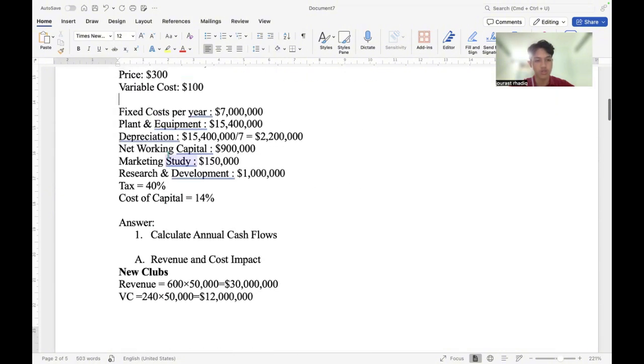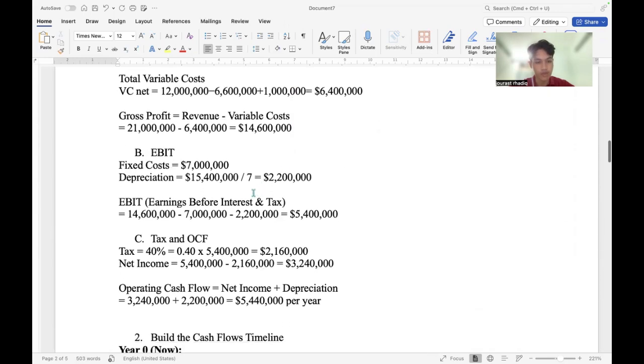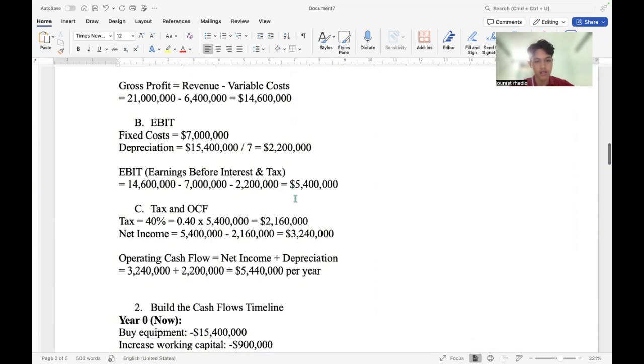Depreciation is also here. I already calculated this one. And then we get the EBIT, which is 5.4.